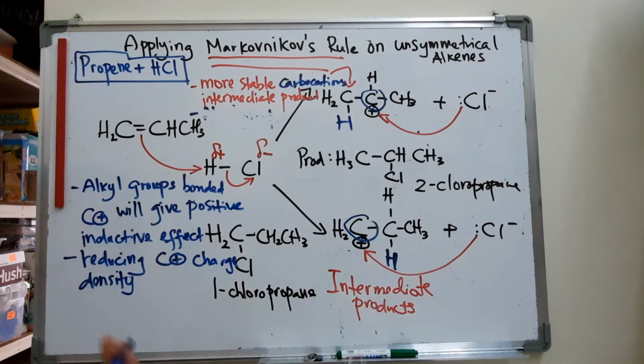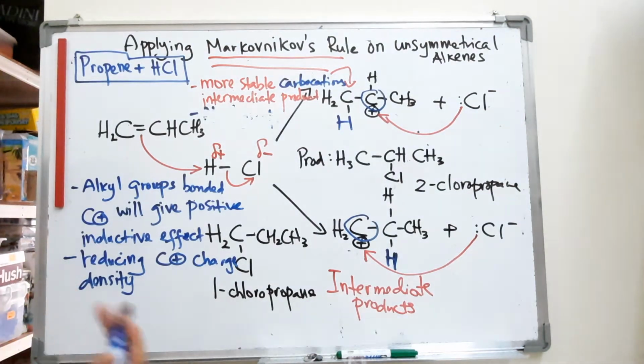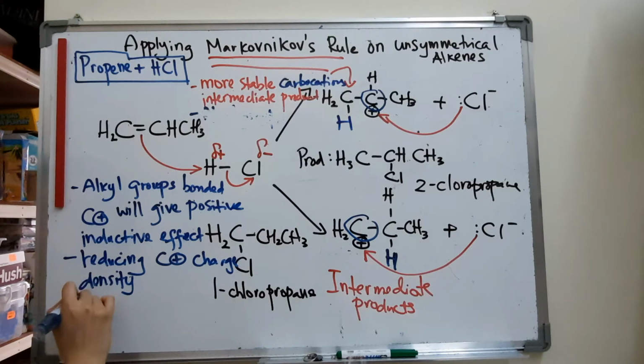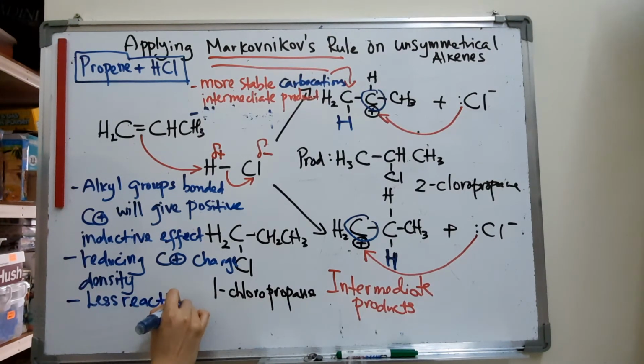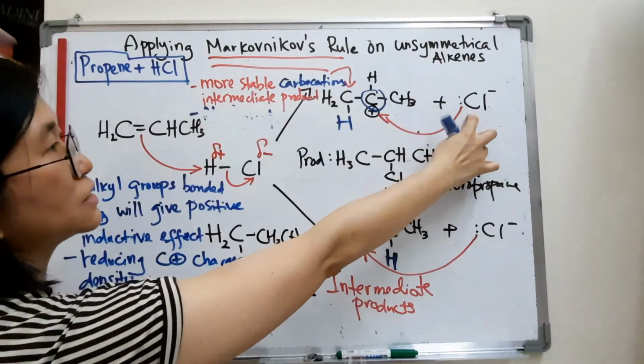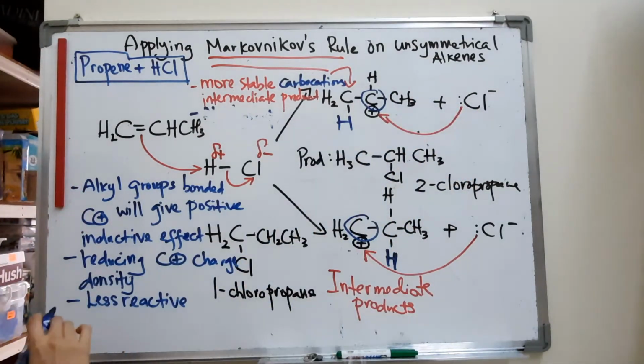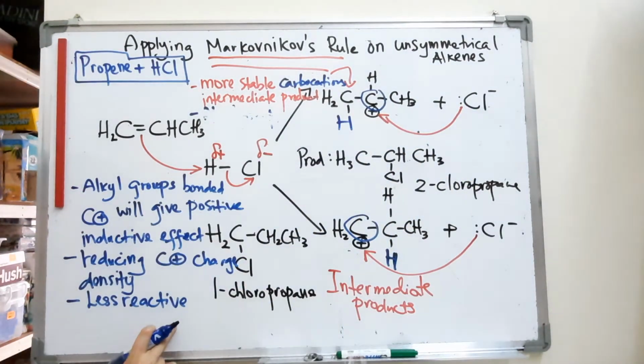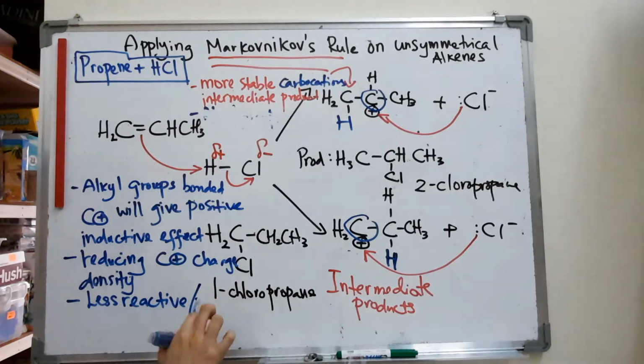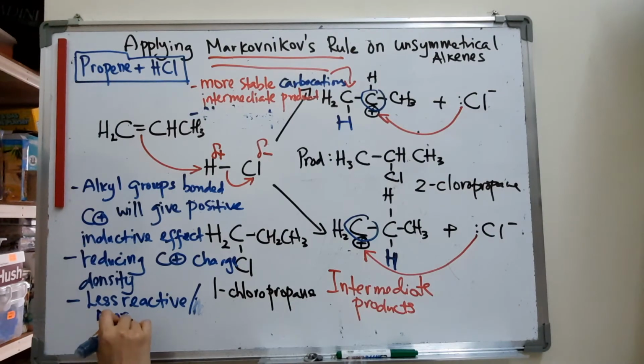If it is reduced, then it will become less reactive towards the Cl minus over here. So if it's less reactive, then I will consider it as more stable.